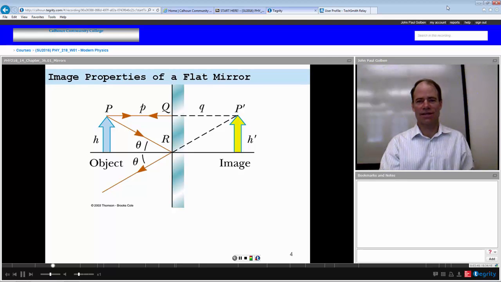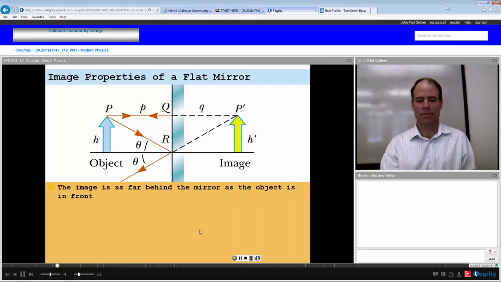Let's try this for a flat mirror. In this case, our incoming ray is coming from the left here and going to the right, and our outgoing ray is staying on the same side as the object here. So in this case, the image is as far behind the mirror as the object is in front. Our image distance is a negative P because P is going to be positive.